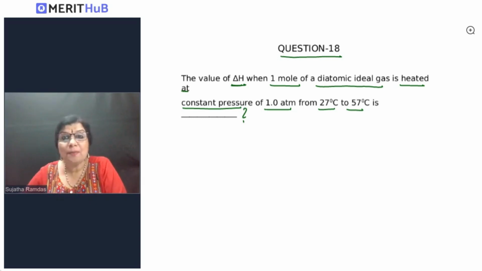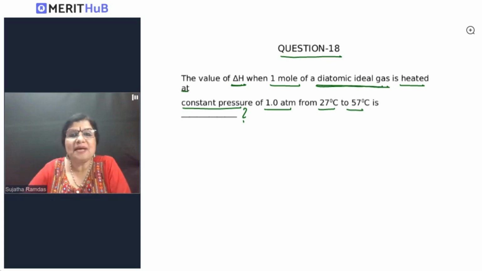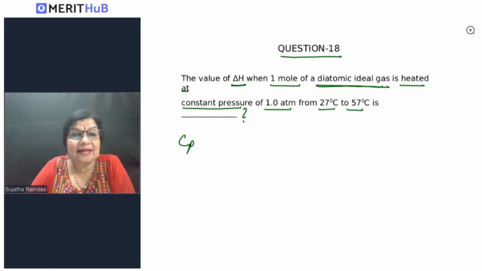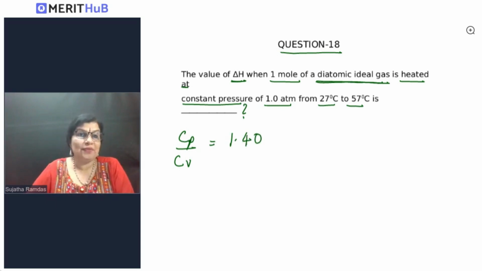Okay. The moment you see diatomic ideal gas, you must immediately recollect the ratio of the molar heat capacities at constant pressure to that at constant volume. So for a diatomic gas, Cp by Cv is equal to 1.40. Now, why did we bring in Cp by Cv?